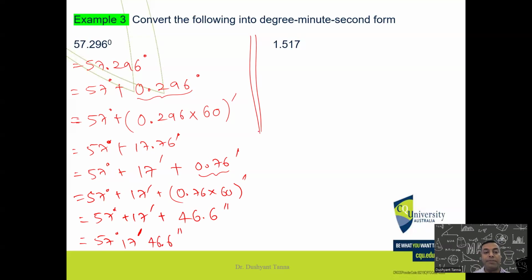Let's try the next one, please. It's not in degrees, it's in radians.